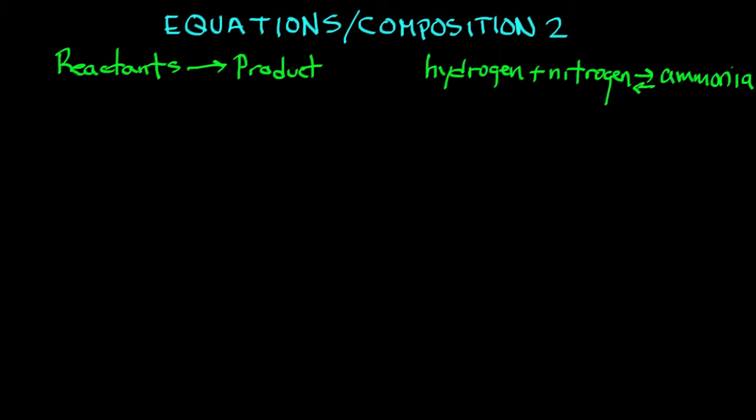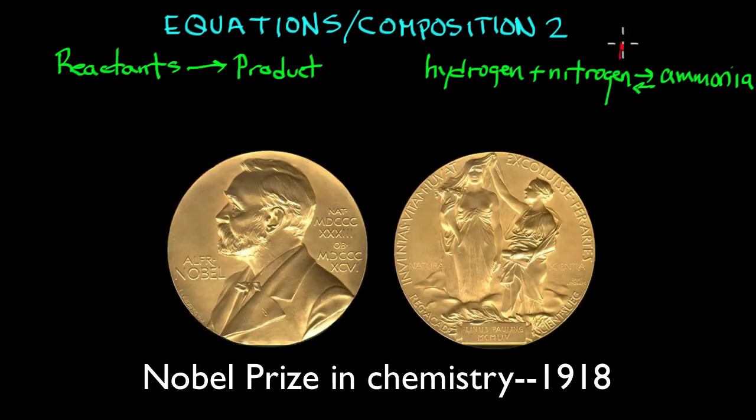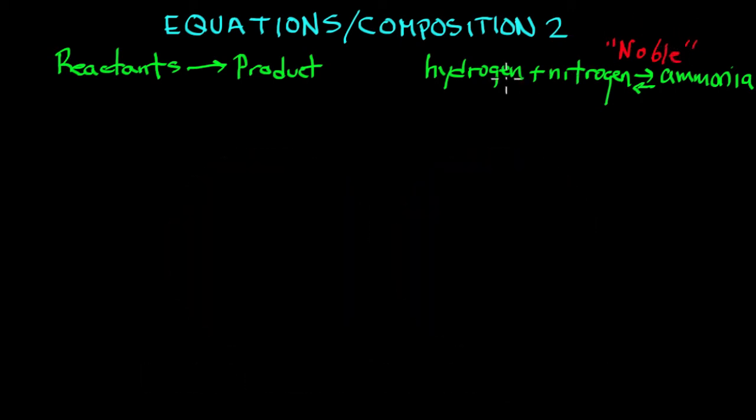Now, this equation is one of the simplest equations, yet it won the Nobel Prize. Why did it win a Nobel Prize when it's so simple?